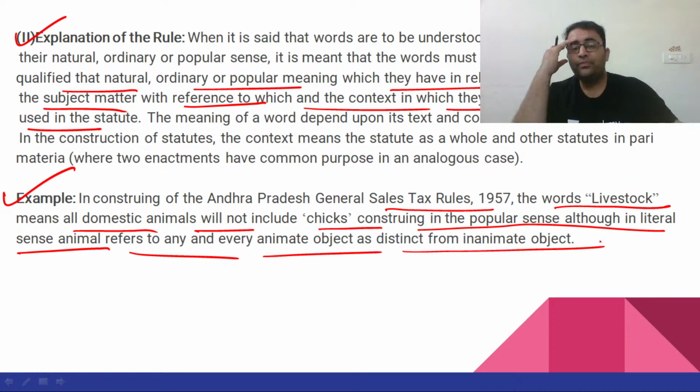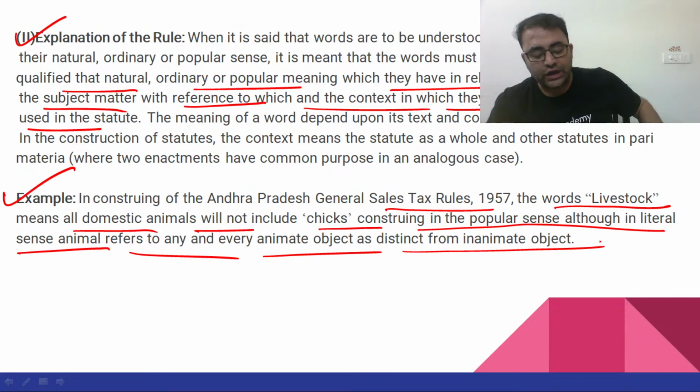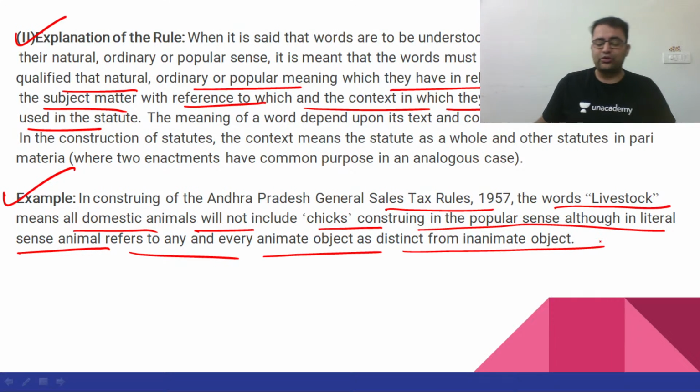So chicks were not included as livestock, whereas the other animals were all included as livestock. So this simply means whenever you are interpreting or constructing something, it has to be done in the context of the respective statute or law.